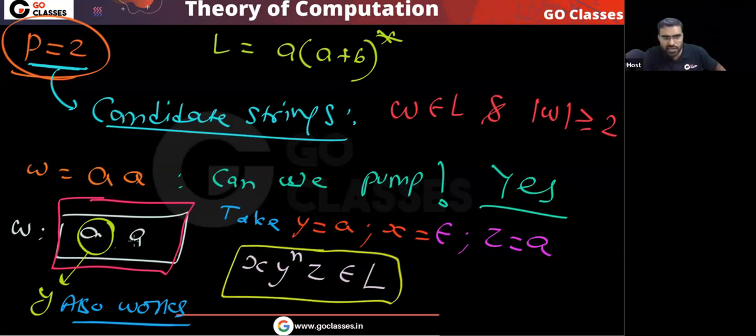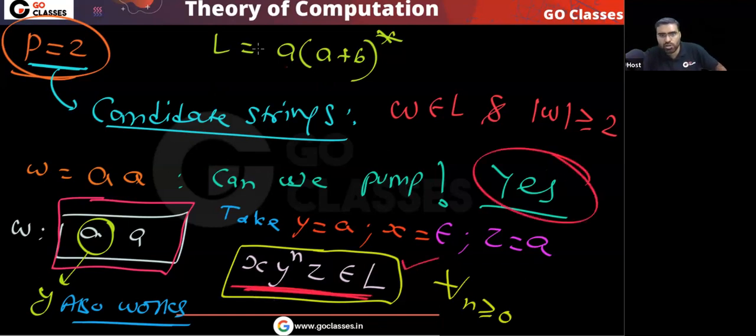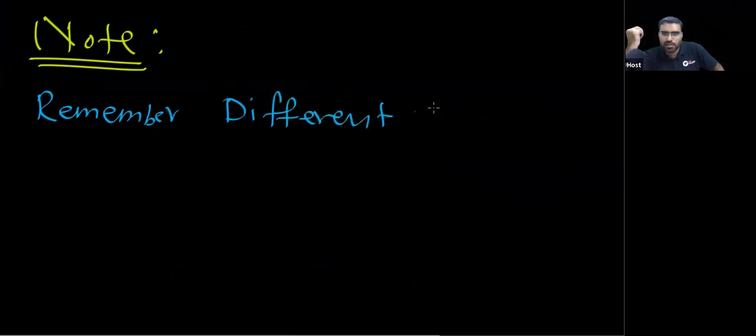If you repeat this y any number of times, can I guarantee the resulting string will belong to L? Yes. So this also works. Remember this point: different candidate strings can have different y.